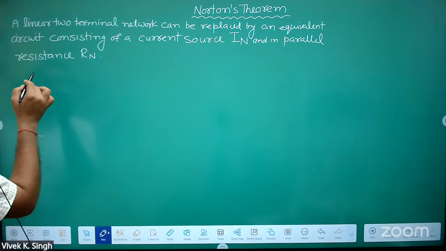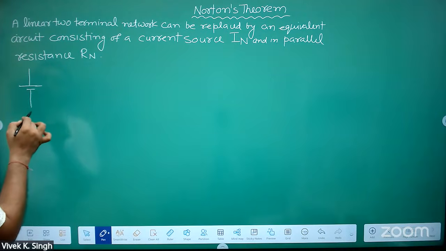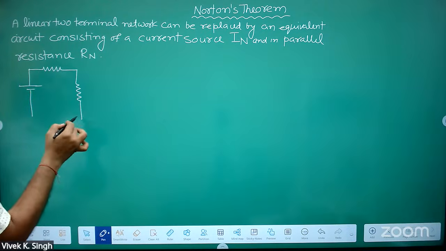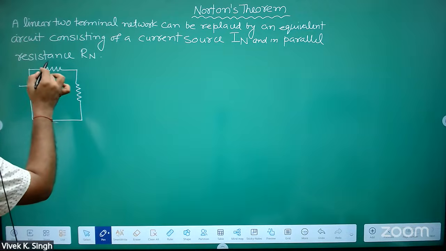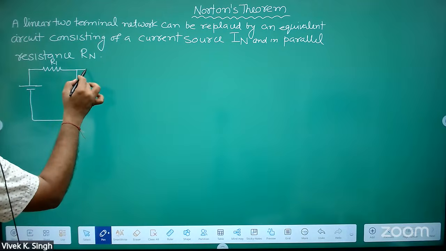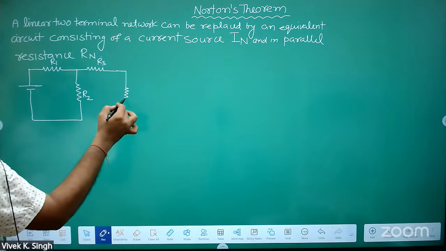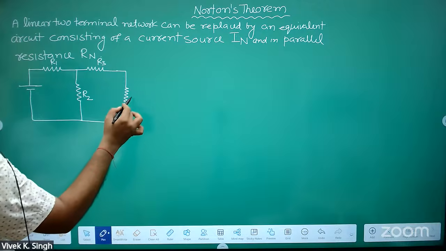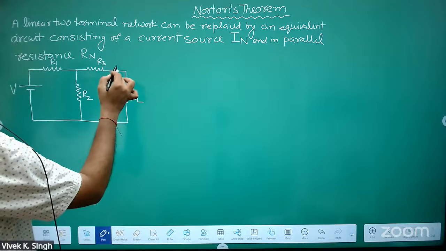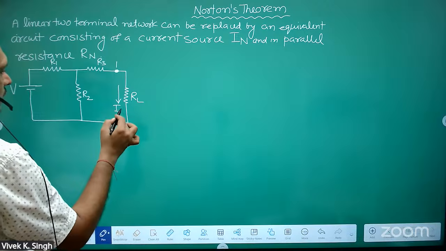So now I'm considering a two loop network. This is R1, R2, R3, and this is RL. This will be V, between 1 and 2, and you have to find current IL.